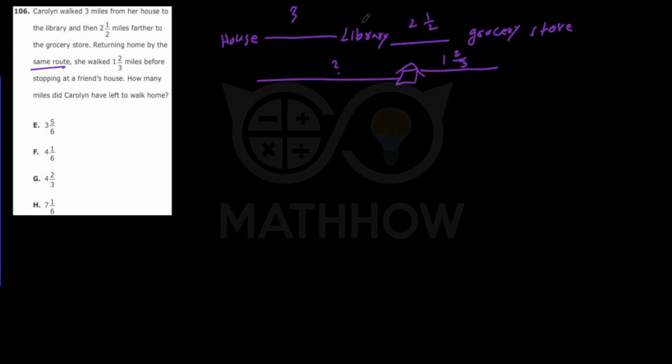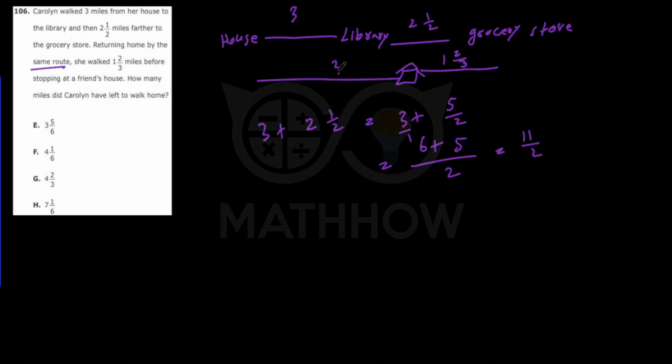Adding these will give us the total distance from her house to the grocery store. 3 plus 2 and 1 over 2. 3 plus 2 and 1 over 2 will be 5 by 2, and the LCM is 2. 1 2s are 2 and 2 3s are 6, plus 2 1s are 2 and 1 5s are 5. This will be 11 by 2.